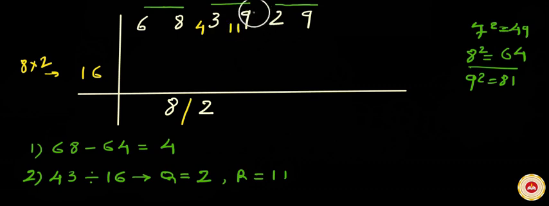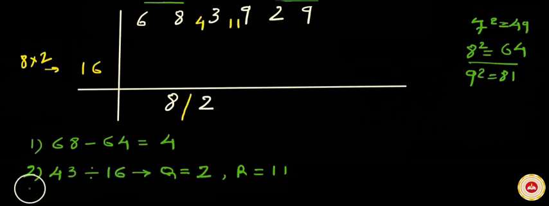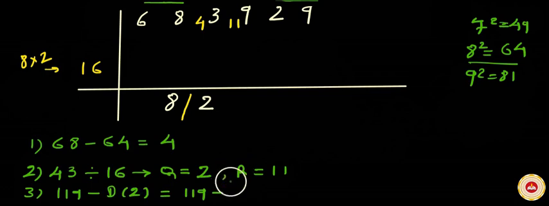Okay friends, now let us calculate net dividend out of this gross dividend 119. How to calculate net dividend in this method? See, step number 3 is 119 minus duplex of first quotient digit. What is duplex of 2?